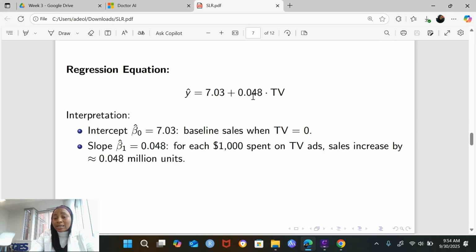In fact, you can add that to 7.03 so that you can connect it to the outcome variable itself. Interpretation is very important because at the end of the day, you want to communicate your analysis to people that may not necessarily be in your field, and you still want them to properly understand what you are doing.